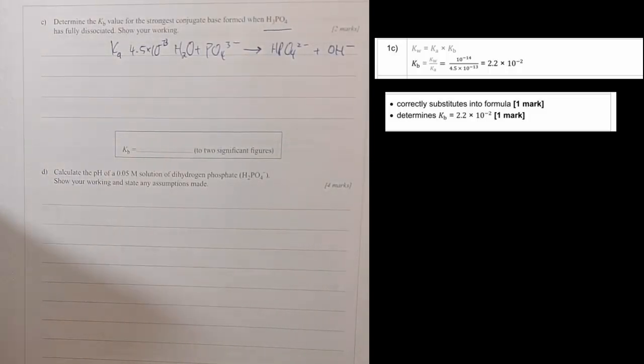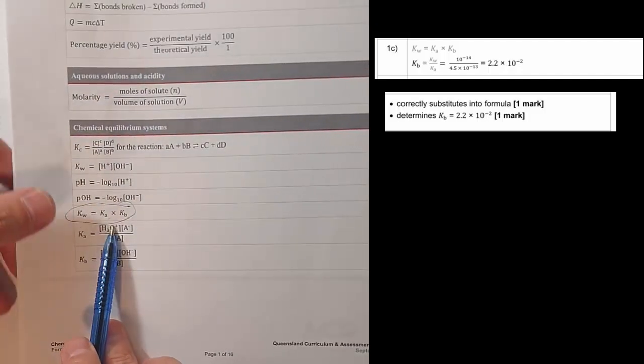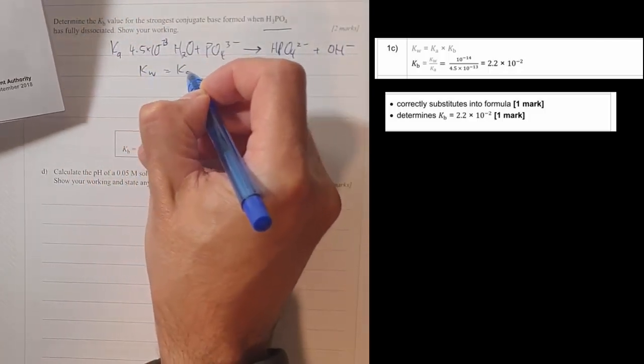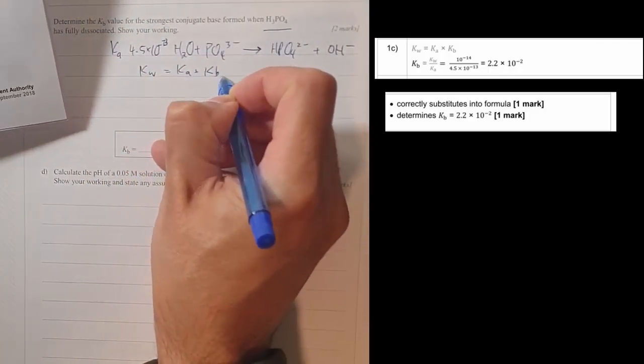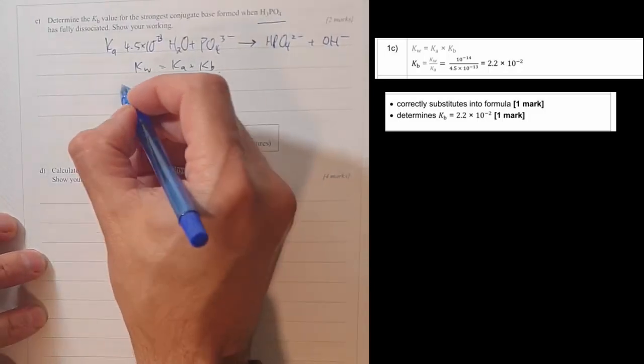Now I'm never quite sure if there could be a mistake or a misunderstanding. So I'm going to go for this: Kw equals Ka times Kb. Now unfortunately it doesn't tell you what Kw is, so Kw is always 10 to the minus 14. So let's just rearrange that.